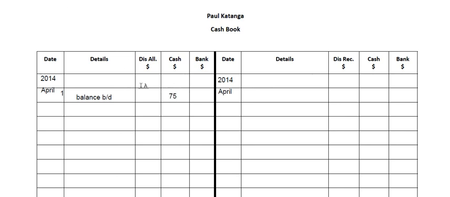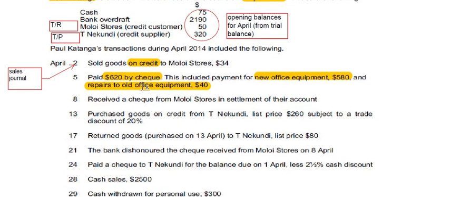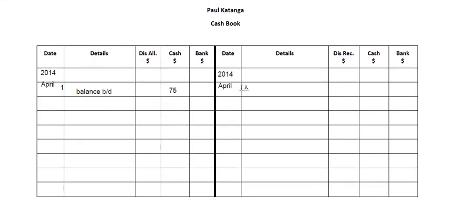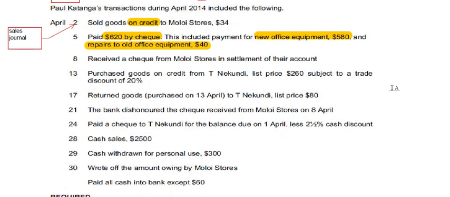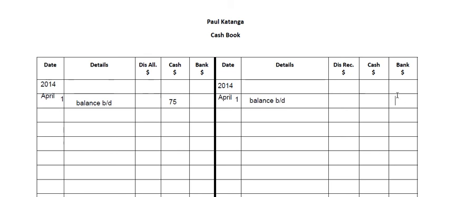And then the bank is overdraft, so overdraft will go on the credit side. So we'll enter balance brought down on April 1, balance brought down, and that's your bank overdraft to start with, which is 2190. So these are the opening balances.